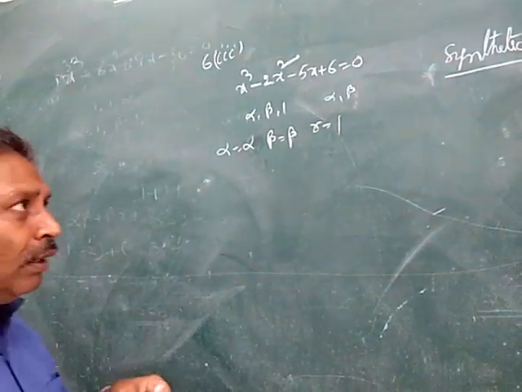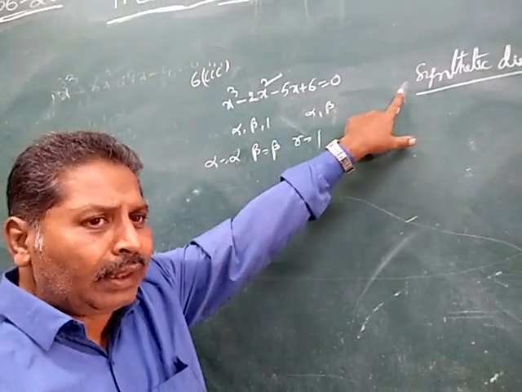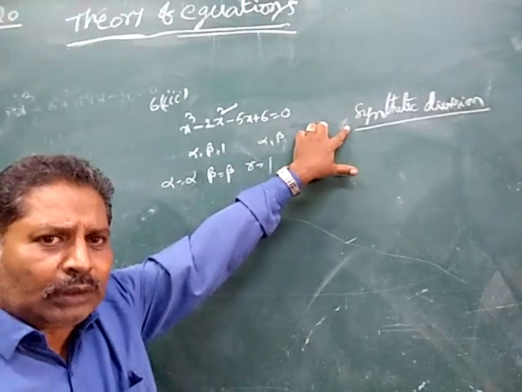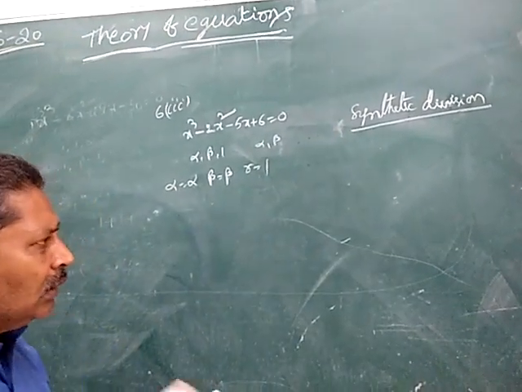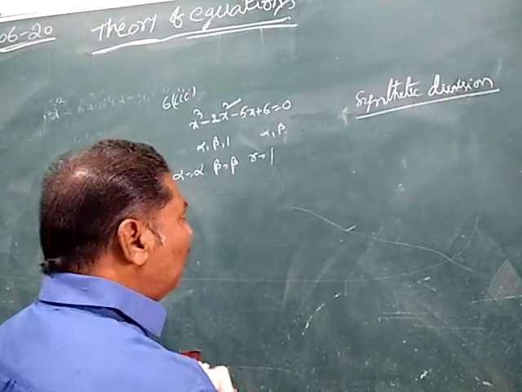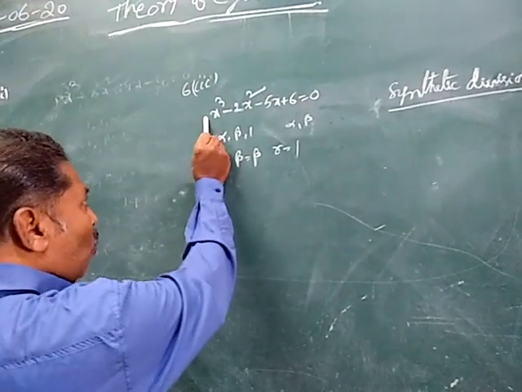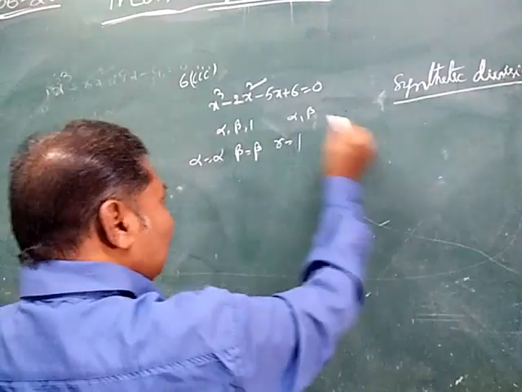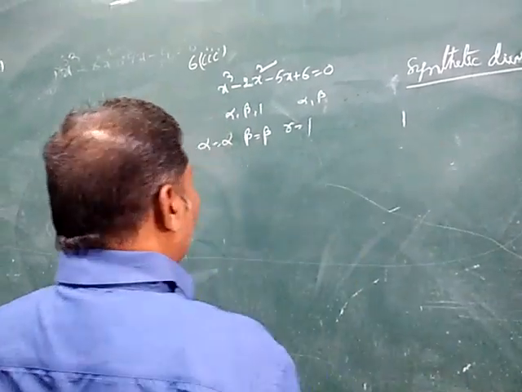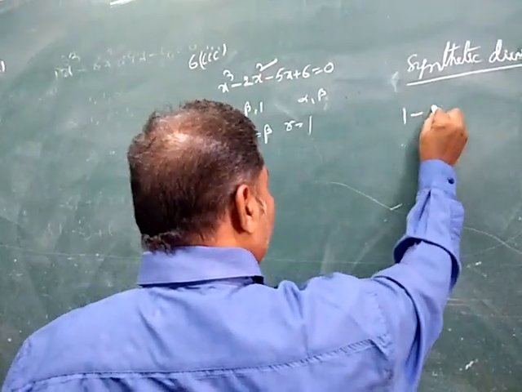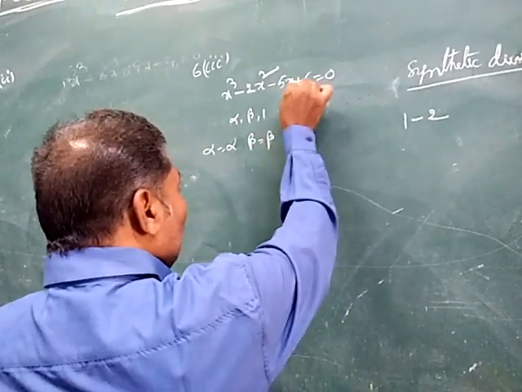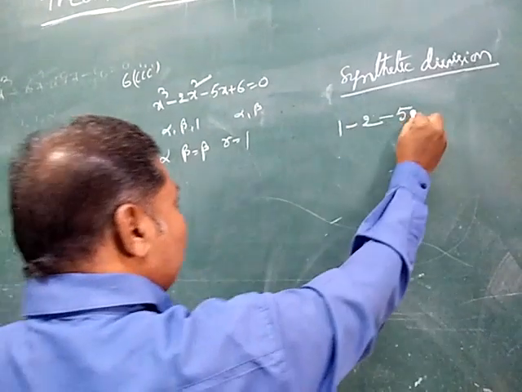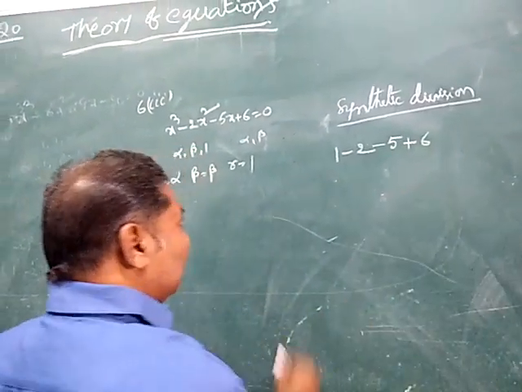We apply the synthetic division. Remember, listen carefully. Synthetic division means take the coefficients of the given equation. X cube coefficient 1, x square coefficient minus 2, x coefficient minus 5, constant is 6.